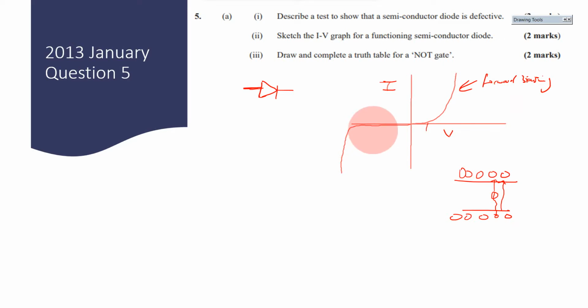However, on the negative portion of the graph, we could actually allow the diode to conduct current, but it would mean that you would have to apply a lot of voltage, right, which would ultimately destroy the operation of the diode, such that it forces current through it.